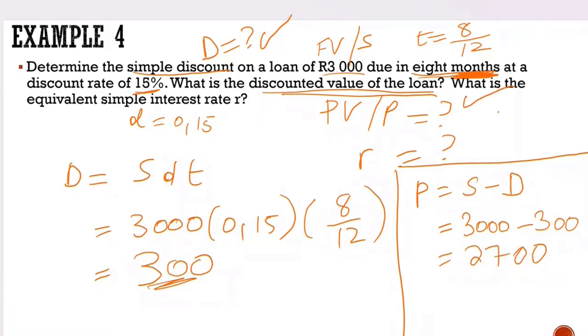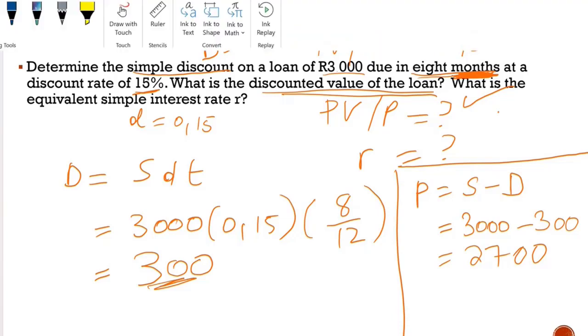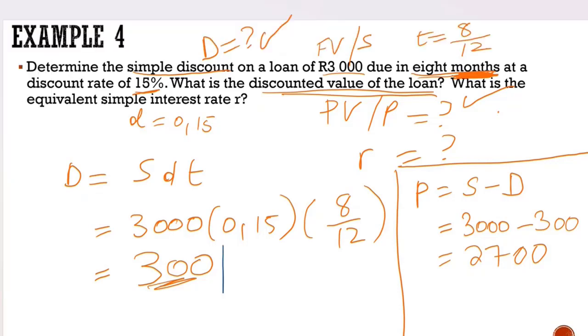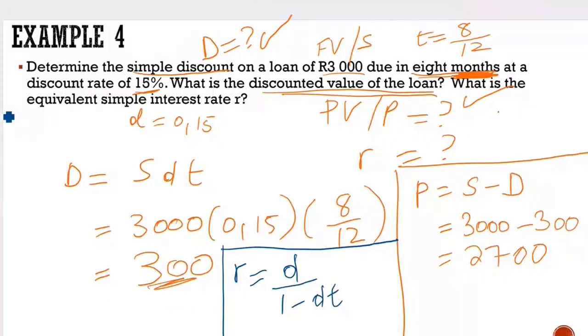Okay, you need to calculate an equivalent simple interest. We know the formula that we are going to use. For our equivalent rate, the equivalent interest rate of a given discount is equal to d over 1 minus dt, and you are looking for your R. What is your D?